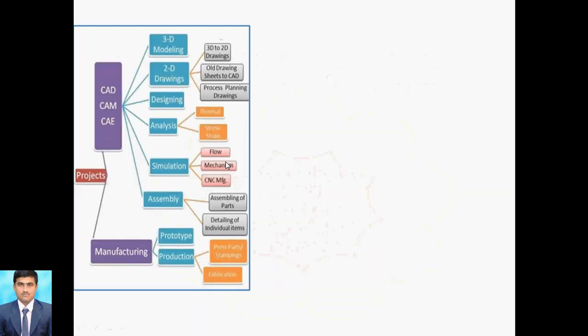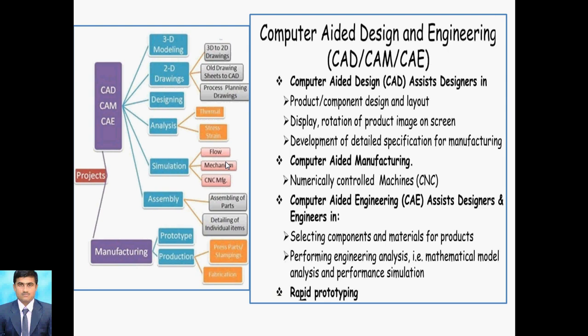Next part is the CAD/CAM/CAE. How does it actually help for product design? For product design, in previous days, the product was developed in a manual way, or we can say manual drawing. But nowadays we can use software, that is CAD.